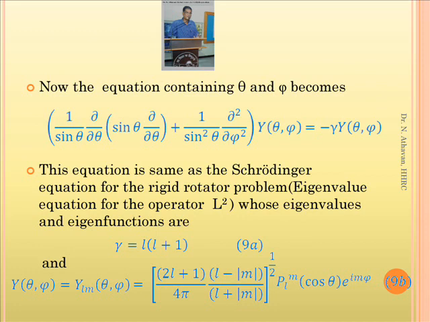It is the eigenvalue equation for the operator L^2, whose eigenvalues and eigenfunctions are γ = L(L+1) and Y(theta, phi) = Y_lm(theta, phi), which we termed spherical harmonics, equal to the square root of (2l+1)/4π times (L-|m|)!/(L+|m|)! P_L^m(cos theta) e^{imphi}.